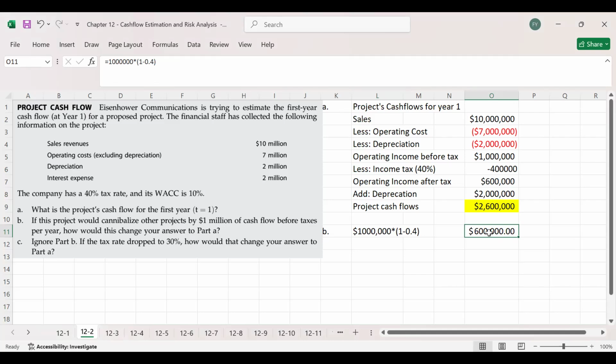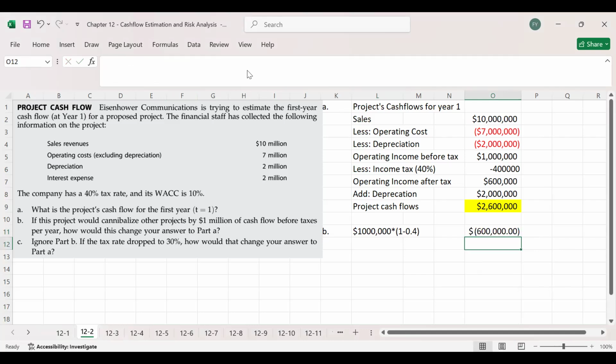So now, as this is the reduction because of the cannibalize effect, we are going to reduce it from the operating income which we calculated earlier, in requirement 1.